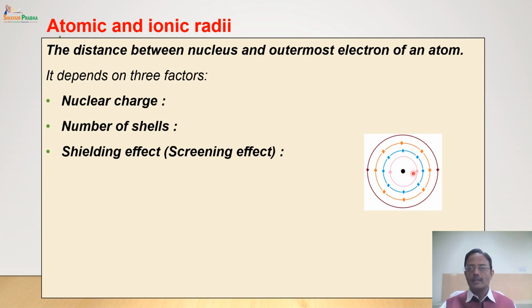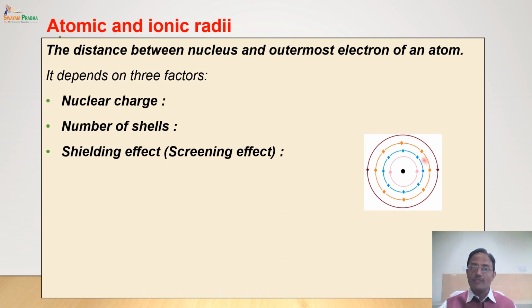But in between there are some other electrons which will definitely govern the force of attraction experienced by the outer electron from the nucleus. What these electrons will do? These electrons will shield the outermost electron from the force of nucleus, and hence it is called as the screening effect or shielding effect. In other words, we can define the shielding effect as the reduction in the force of attraction between nucleus and outermost electron caused by the inner shell electrons. This is called as the shielding effect.